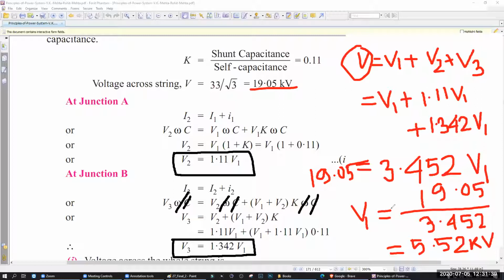So if you put this value here, you will find the value of V2. If you put this value here, you'll find the value of V3. Understand? Yes, sir. Okay, wait a second.